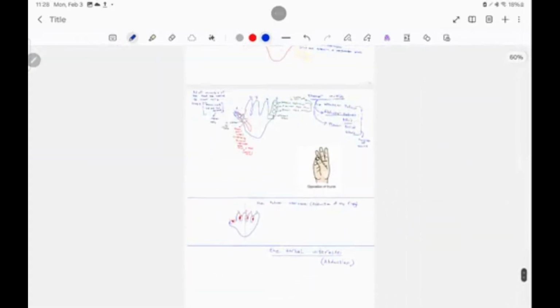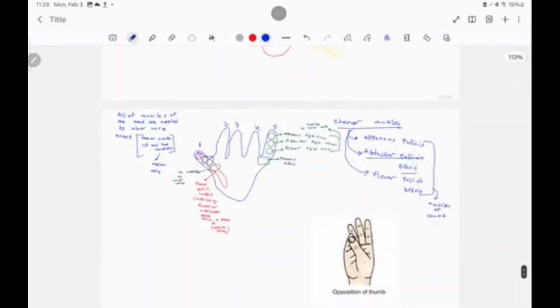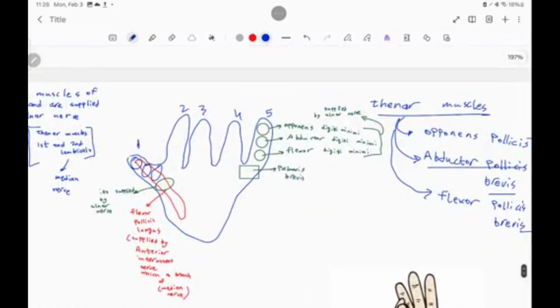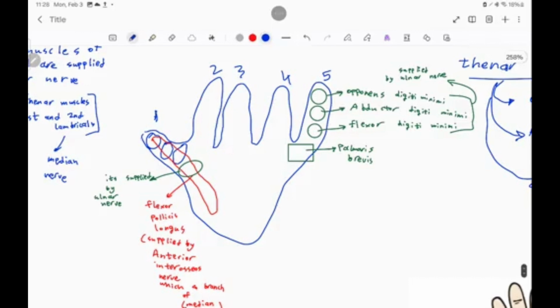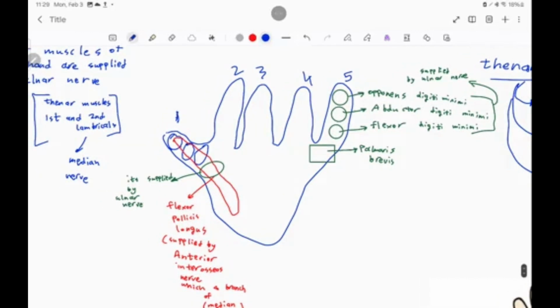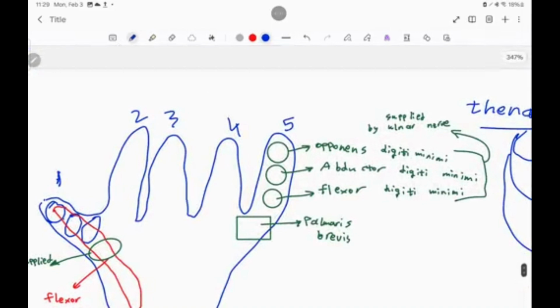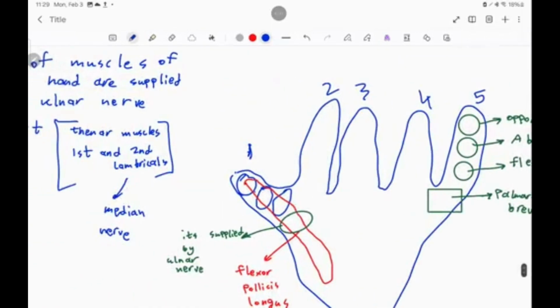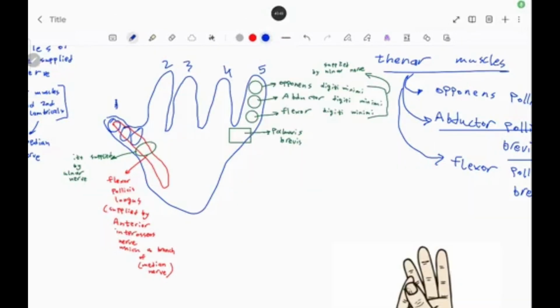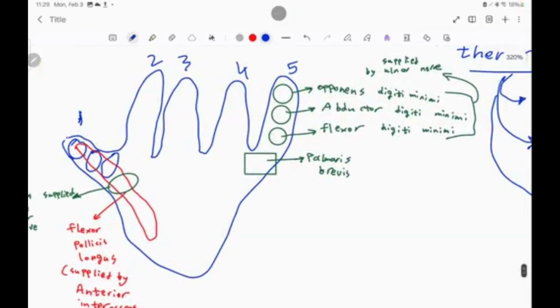Okay, let me ask you a quick question. Now the thumb and the little finger, each one of them has its own abductor. See, for the little finger, abductor digiti minimi.